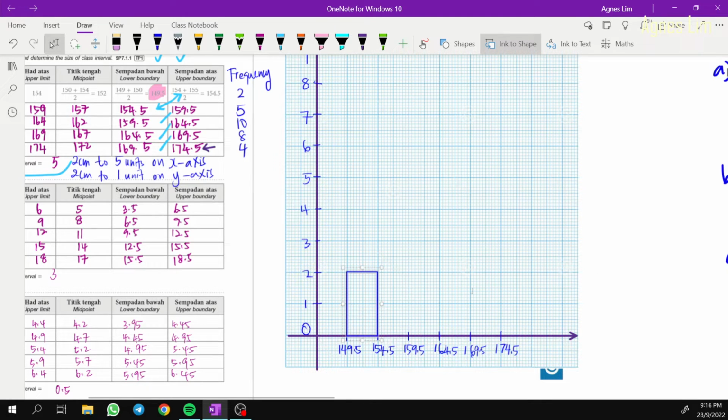Just like your bar chart, but a bar chart has spaces, while a histogram doesn't have. So the next is 5. Next class will be 10.